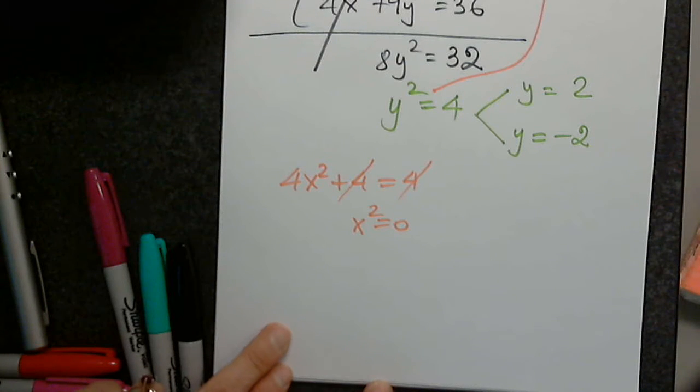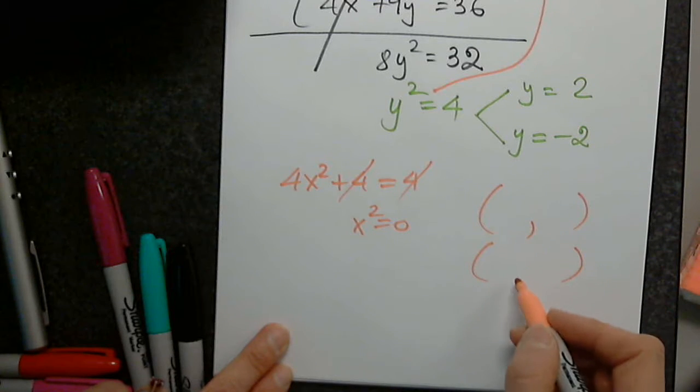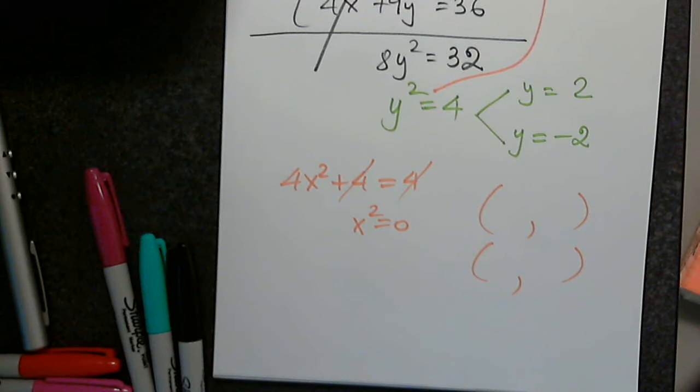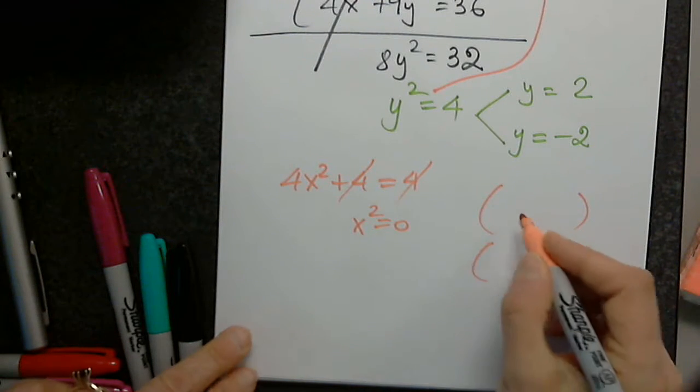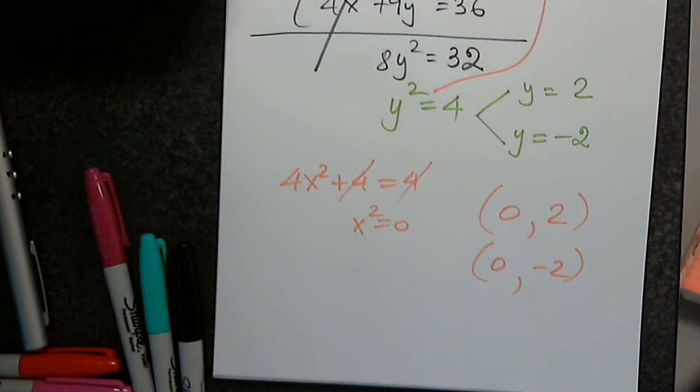So then, in how many ordered pairs do these two ellipses intersect? Just 2. Yes, and they are? (0, 2) and (0, -2). That's it.